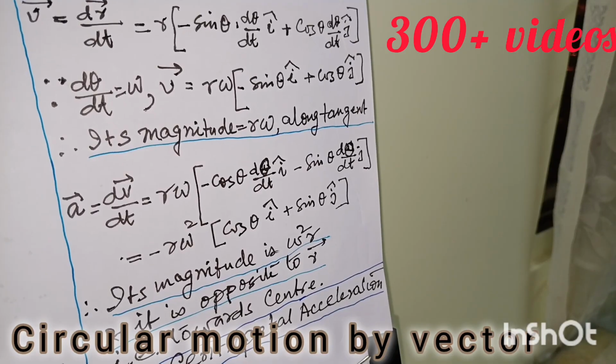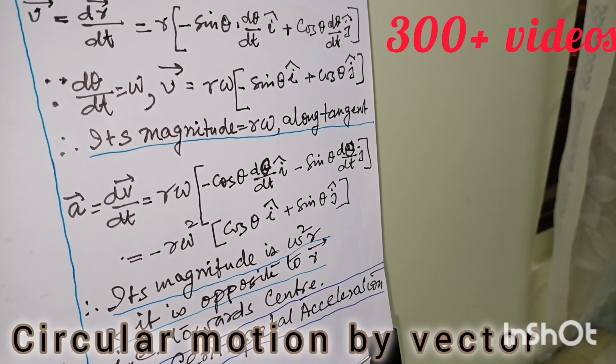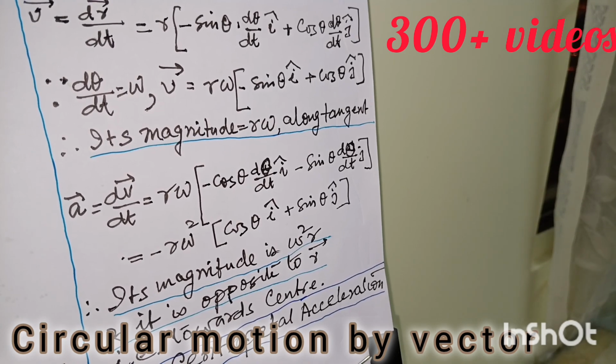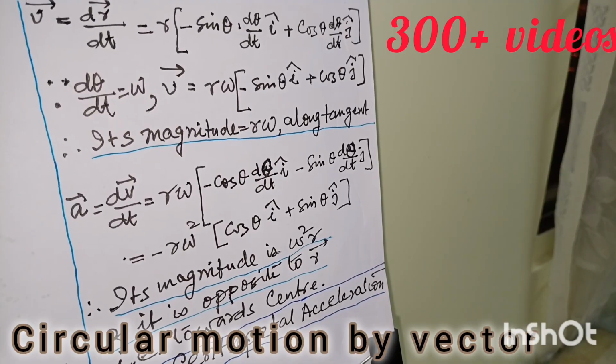Writing d theta by dt as omega and taking common, we get minus r omega square into cos theta i cap plus sin theta j cap.